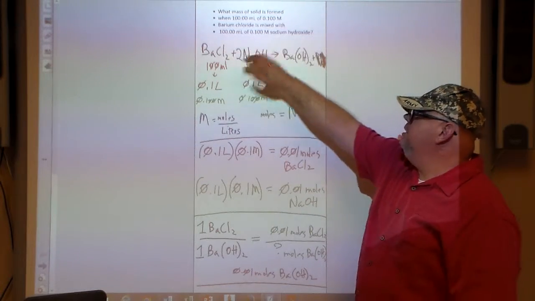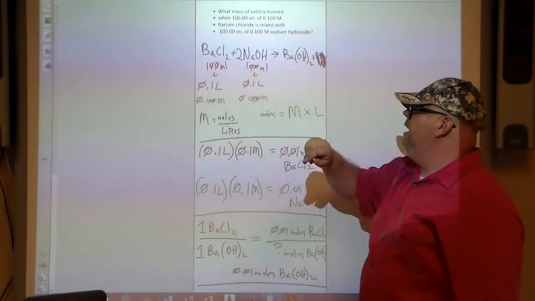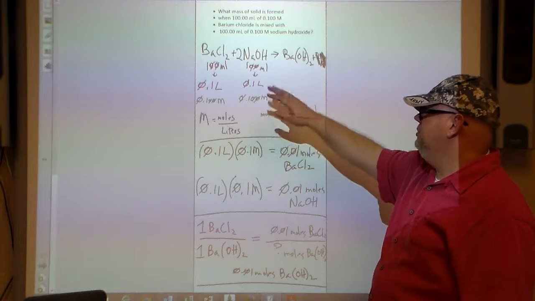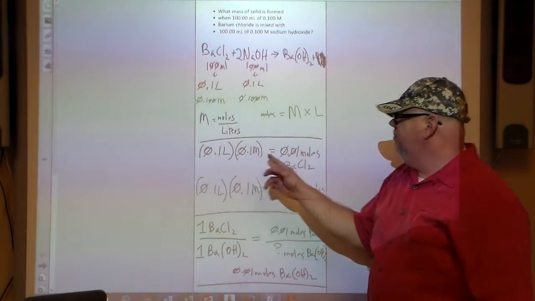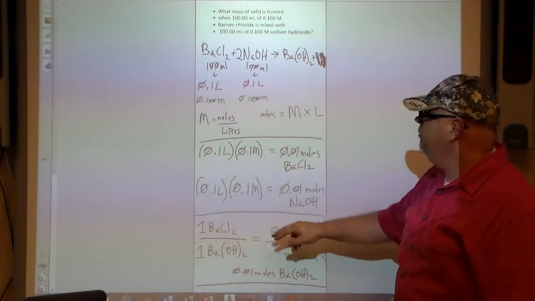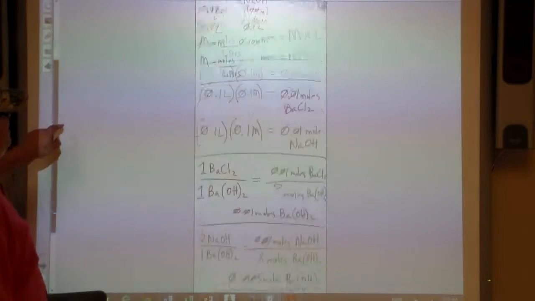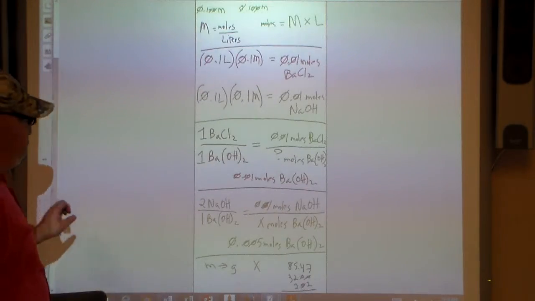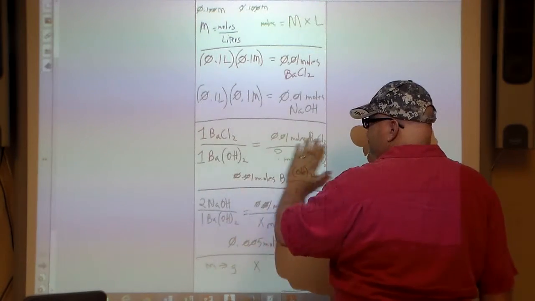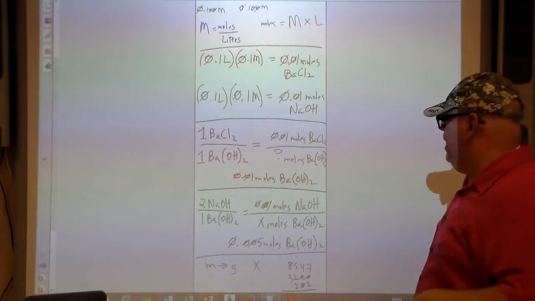We have our equation. We figured out how many moles of the reactants we have, calculated with moles over liters equals molarity. Then we multiplied to find how many moles of barium chloride and NaOH. Then we had to look at what happens if we ran the reaction where one reactant was in excess. Here we ran it with NaOH in excess, and here with BaCl2 in excess.